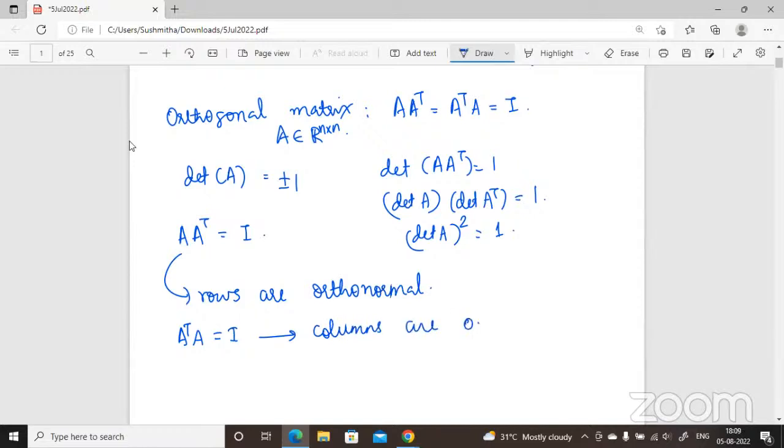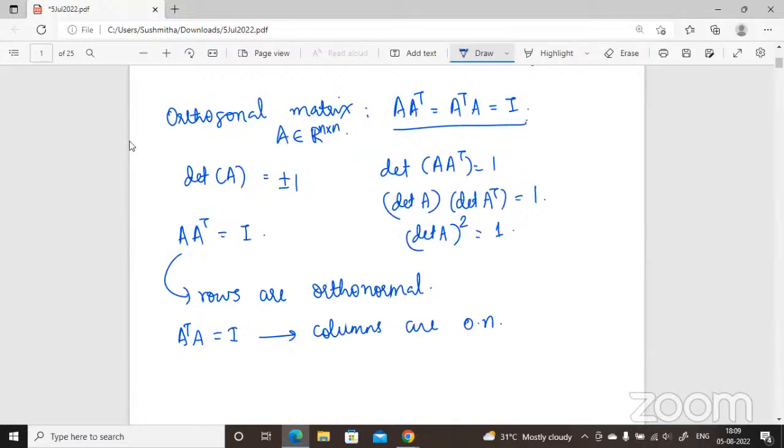For an orthogonal matrix, we are considering only square matrices. So the rows and columns are orthonormal. That is why both these conditions are satisfied: A A transpose is identity and A transpose A is identity. And if one of these conditions is satisfied, the other is automatically satisfied.